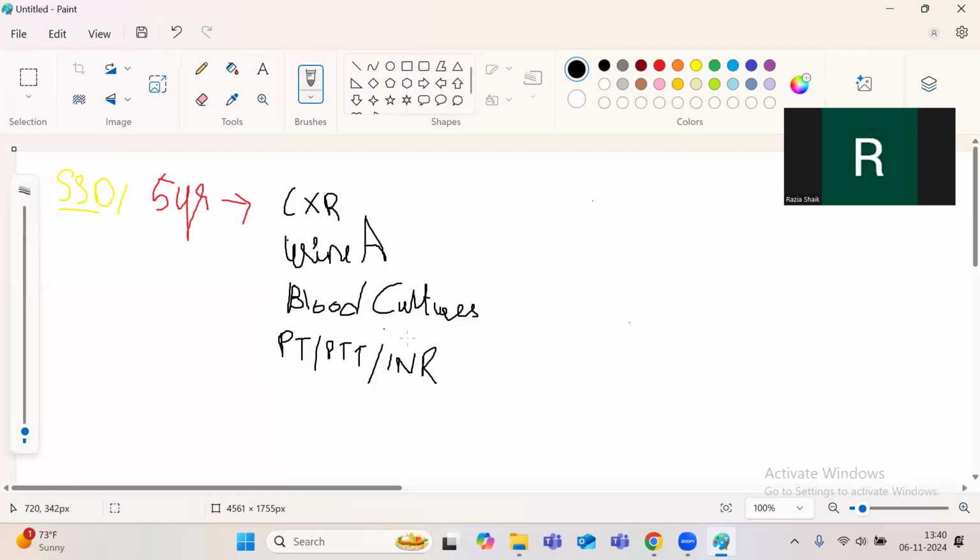Okay. So once the investigations have been ordered, let's go to the treatment. I like to connect the dots, meaning let's go over pathophysiology first.